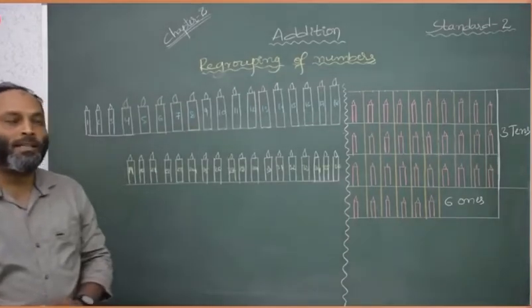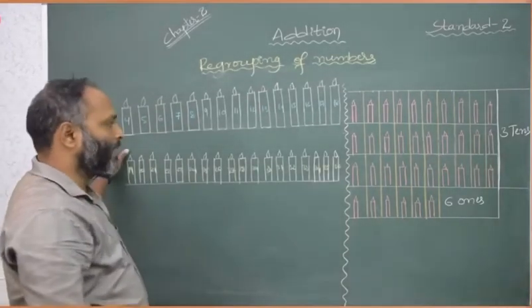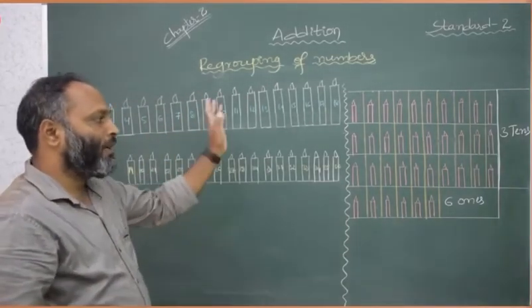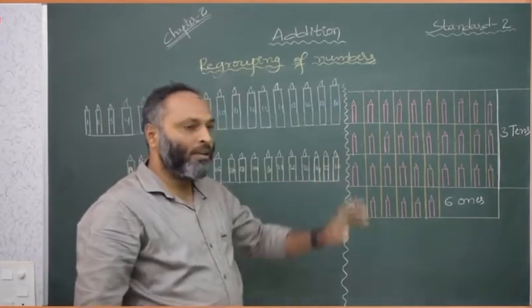Total 36 candles were given. These 36 candles we have to regroup, meaning we have to keep them in the tens place and also in the ones place.